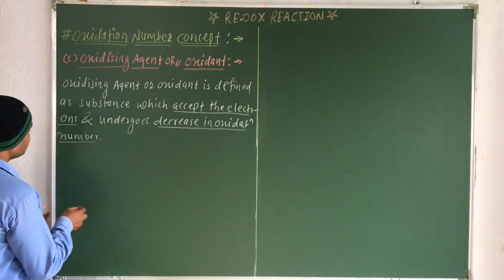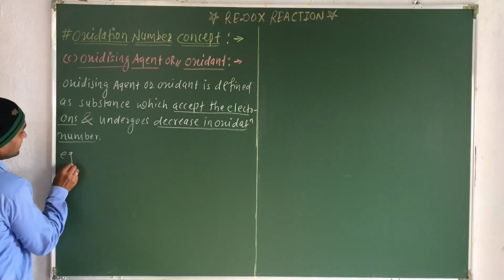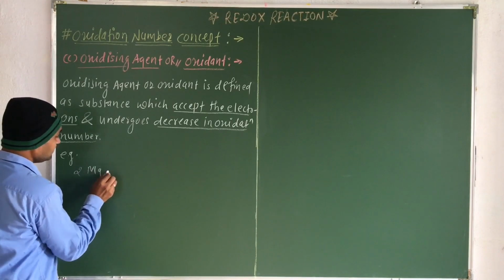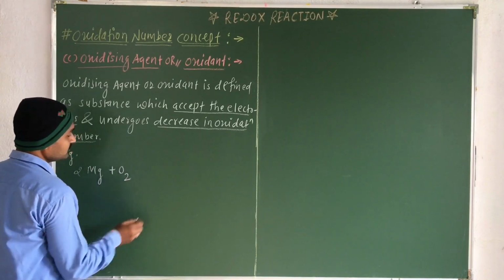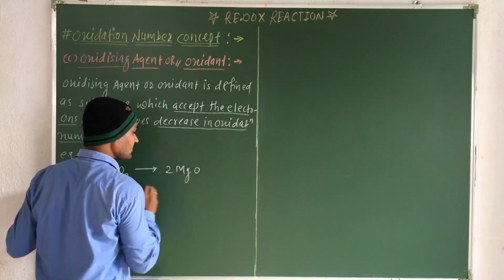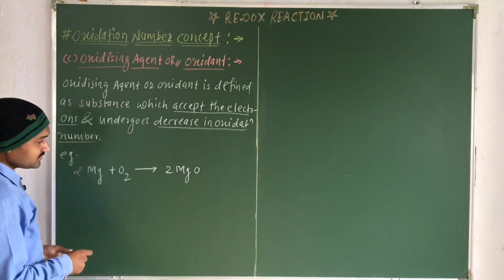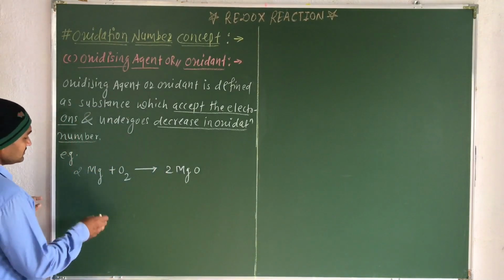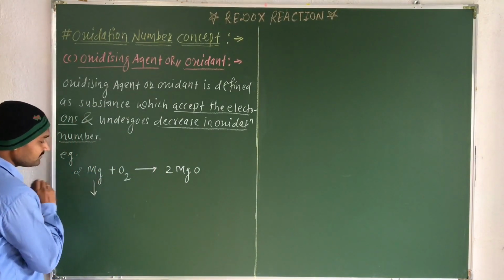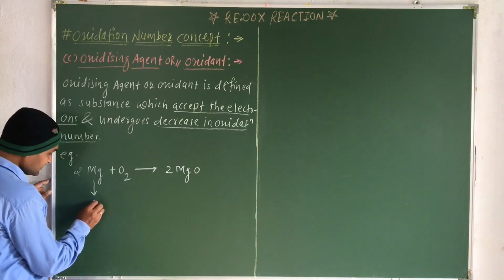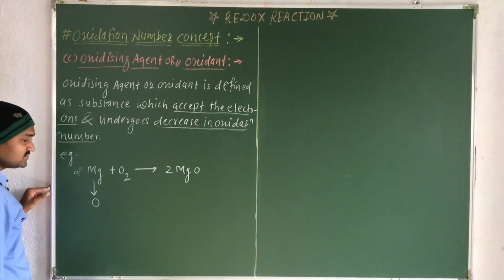Okay, now for example, let me consider this reaction: 2 Mg plus O2 gives 2 MgO. Now here you can find the oxidation number for this reaction. It is very easy. We know that magnesium is a metal in the free elemental state, therefore its oxidation number will be 0.